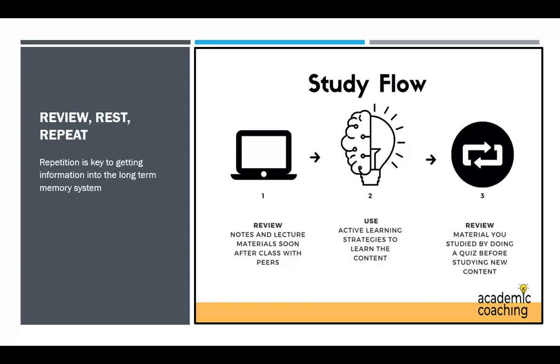So our study flow is really first reviewing content, getting kind of organized. Second, learning, but also engaging with the material, practicing production, seeing what we know versus what's familiar to us. And last is really testing our knowledge. Do we have it in our memory system?